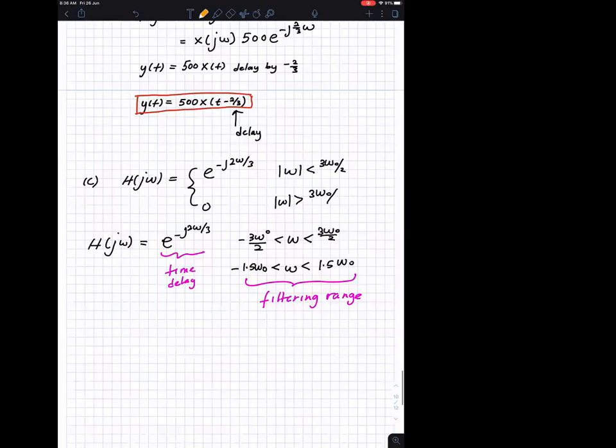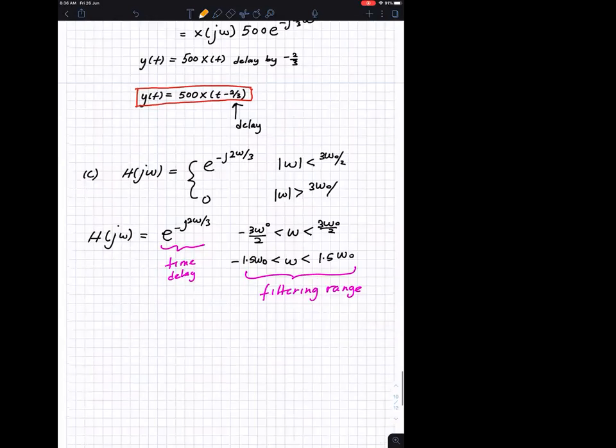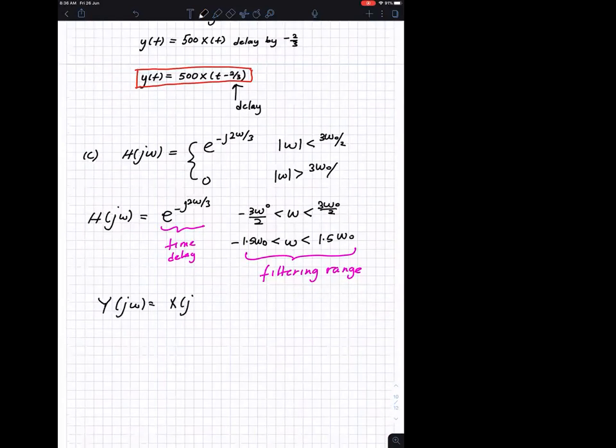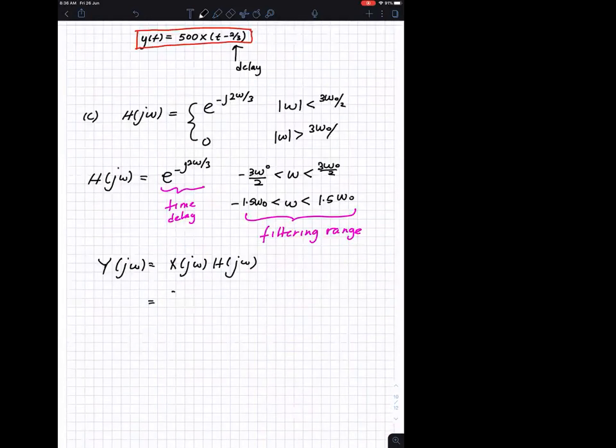Therefore, okay, let me rewrite this. Y(j omega) is X times the filter. So what do you have for the DC?